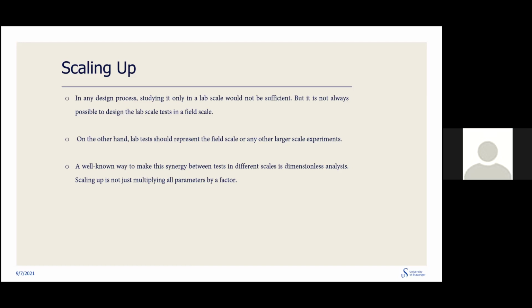A well-known way to make this synergy between different scales is dimensionless analysis, which I will talk about in the next slides. And by the way, scaling up is not just multiplying all parameters by a single factor. It doesn't work like that.